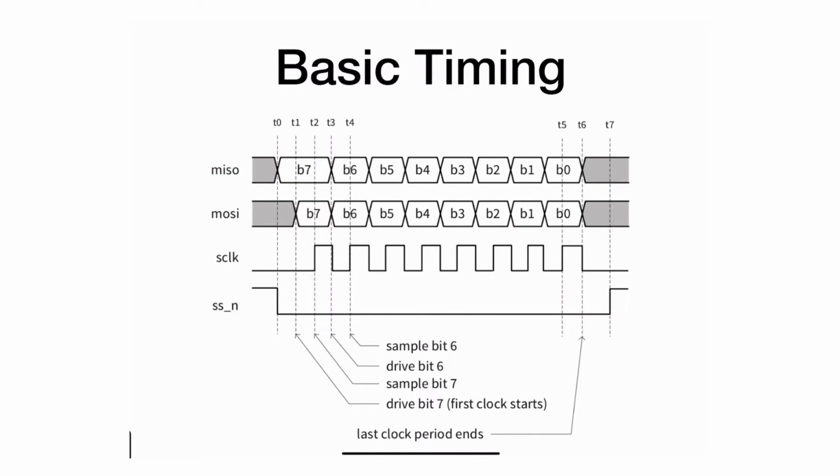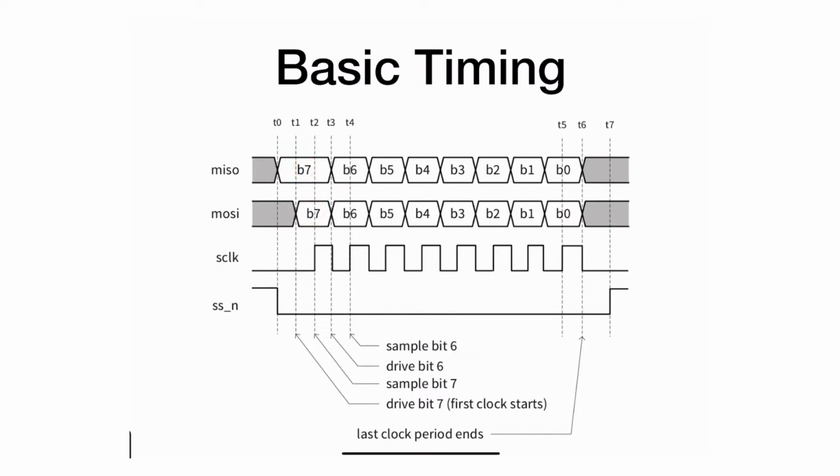After a certain period of time, indicated here as T1, the master drives its MOSI output, the master out, slave in, and puts its own B7 on it. So this B7 is from the slave, and this B7 is from the master.